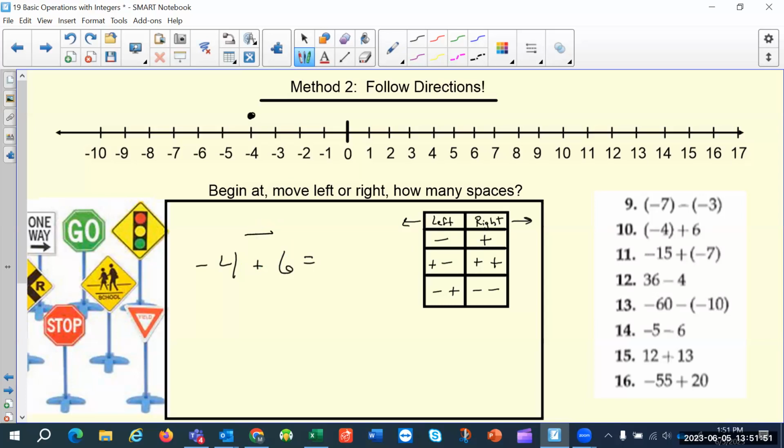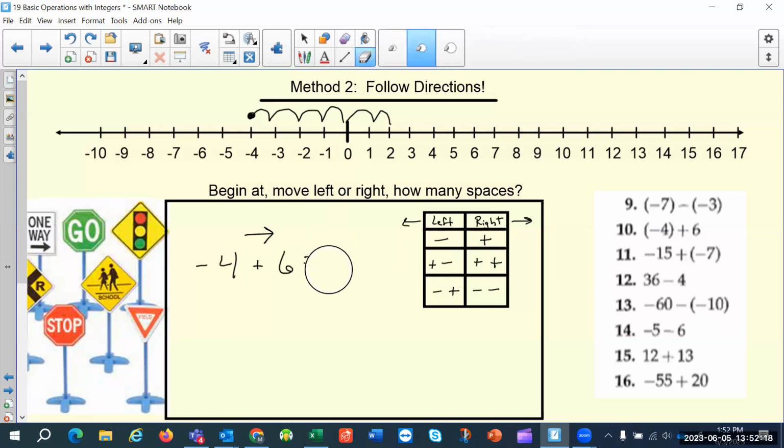And it's just a simple addition sign, which tells us we're going to go to the right. Now, if you go 6 spots to the right of -4, your first 4 are going to get you back to 0. And then you have 2 more spots, 5 and 6 to go. And you end up at +2. -4 plus 6 equals 2.